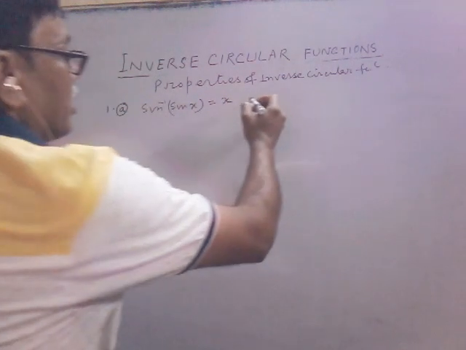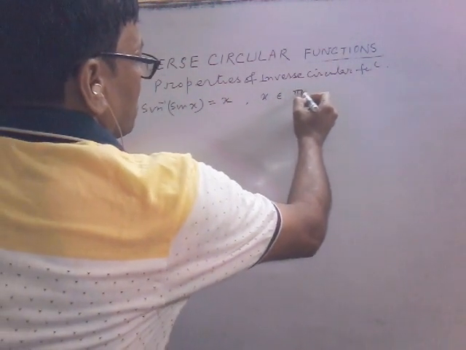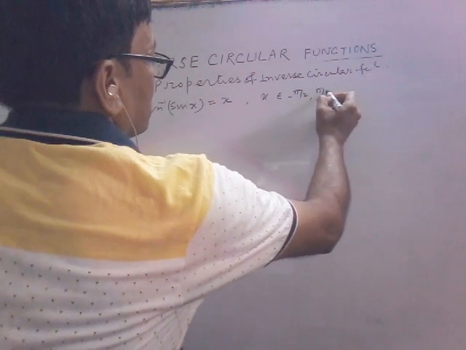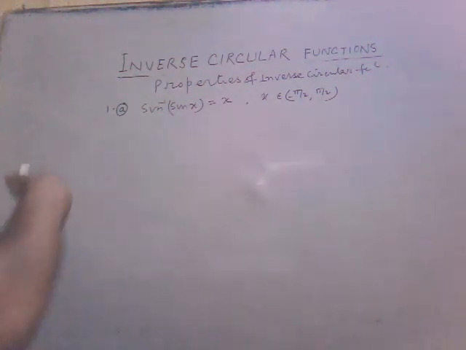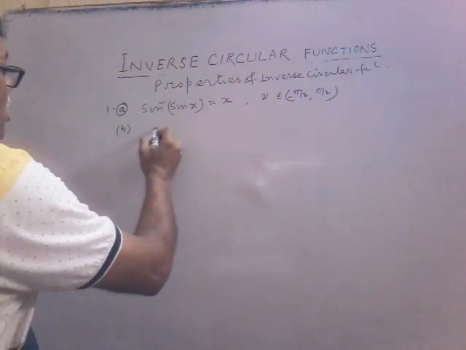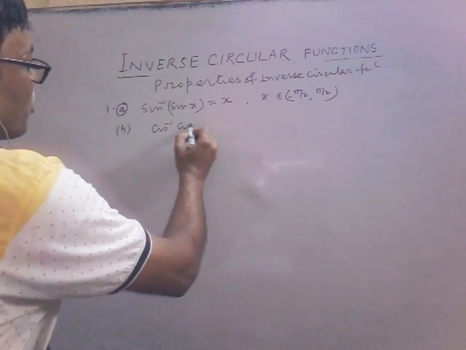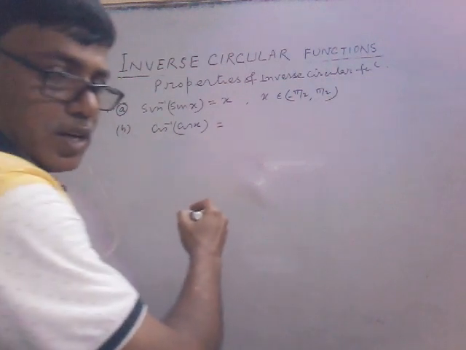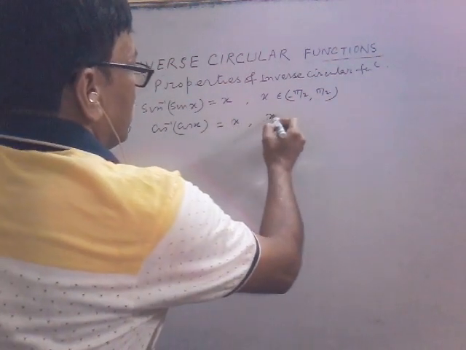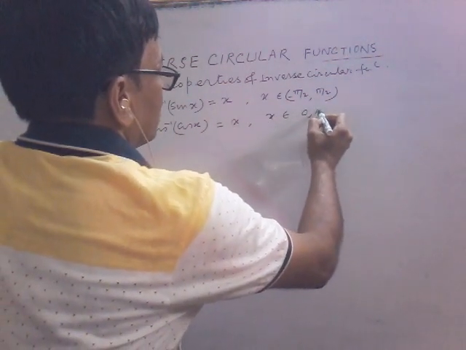So x belongs to minus pi by 2 to plus pi by 2. Cos inverse cos x equals x, x belongs to 0 to pi.